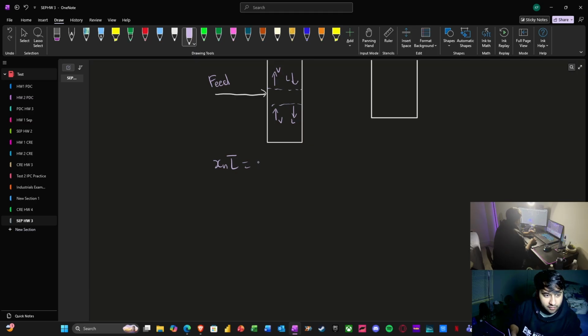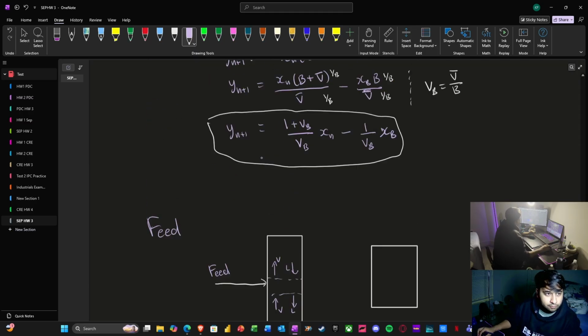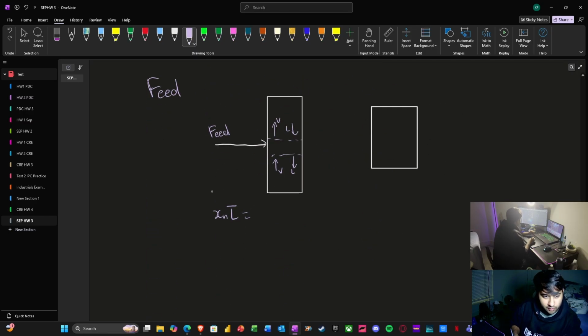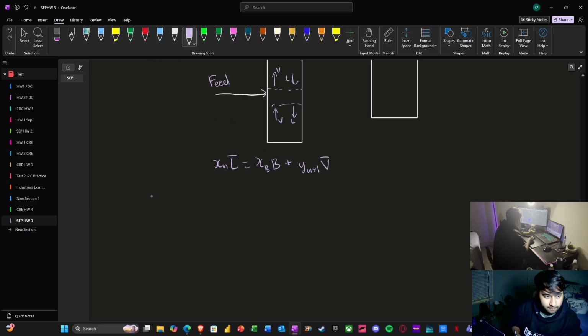It's basically the same exact equations: xn L bar equals xb B plus yn plus 1 v bar for our stripping. And then yn plus 1 v equals xn L plus xd D.